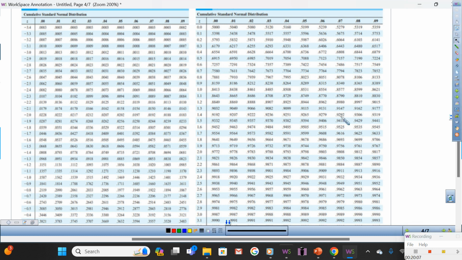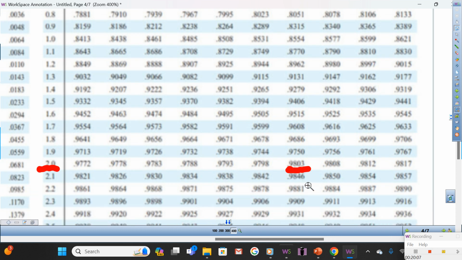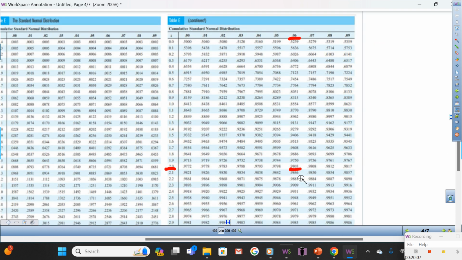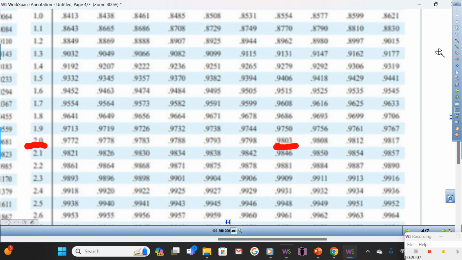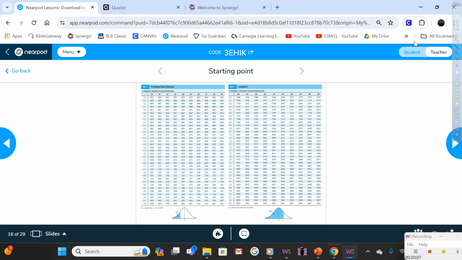So first is 2.0. 2.0 is right here. 06 is right here. So these two meet up about right here. What's that number? Let's see. Well, 98.03, yes?